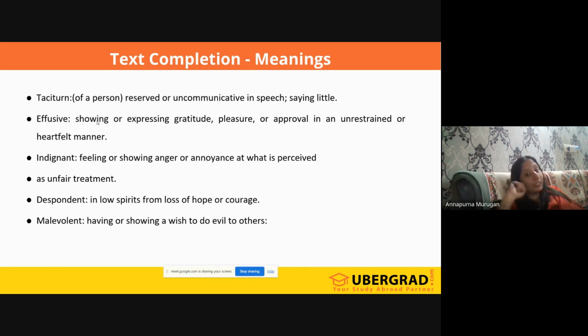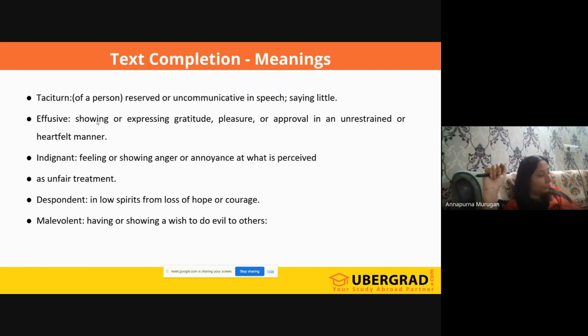Now, despondent is what? In low spirits. Anywhere in the passage are they talking about him being in low spirits? No, right? He presented the lecture. When he presented the lecture, I guess he should not be in low spirits, isn't it? At least in the sentence. So despondent is not the thing.